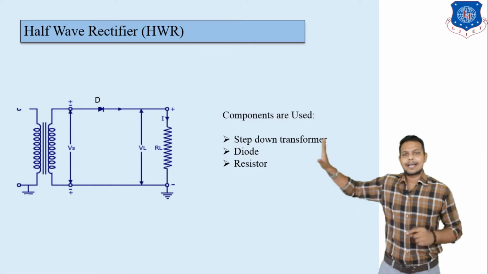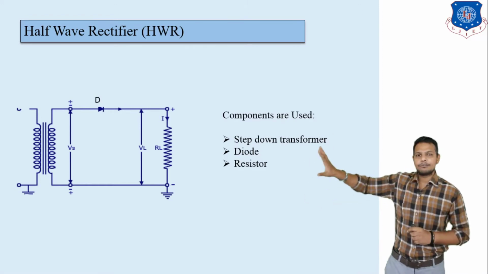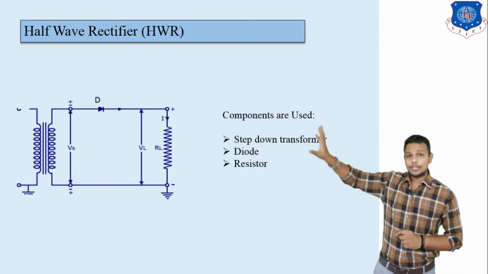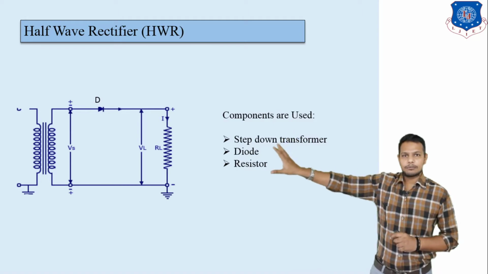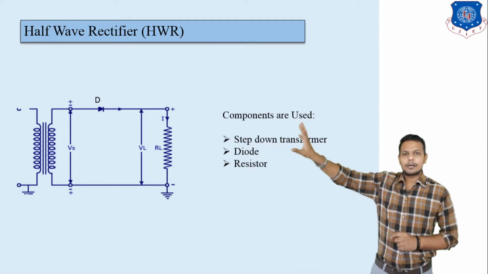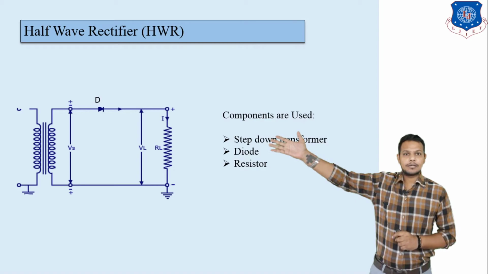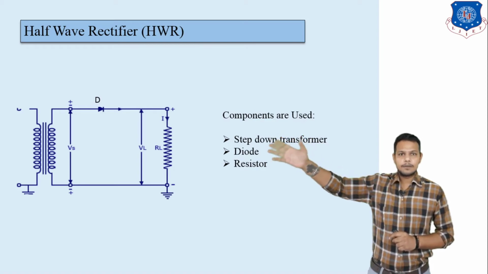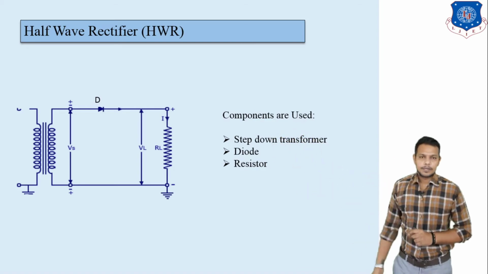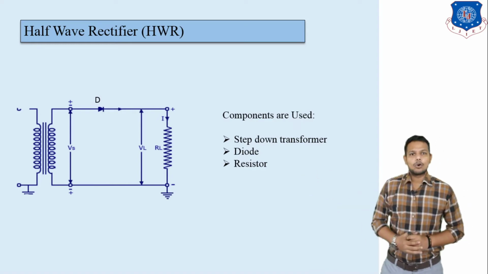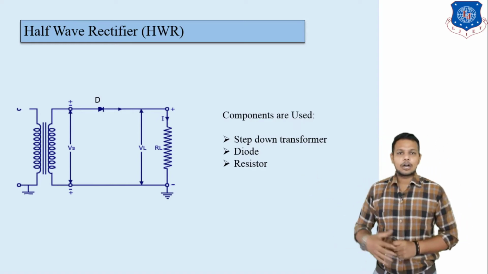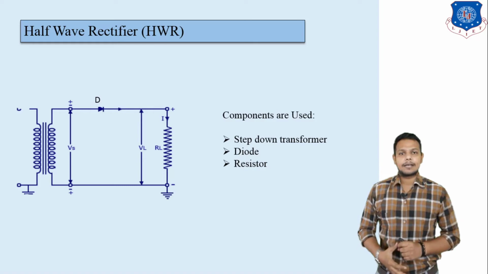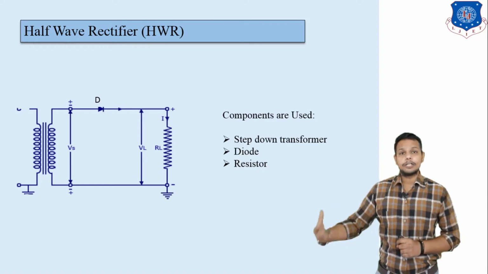This is the circuit diagram of the half wave rectifier, in which we use a step down transformer, one diode, a PN junction diode as we discussed in earlier lectures, and lastly a resistor. This resistor is known as the load resistor. Across the load resistor we will get the load voltage.